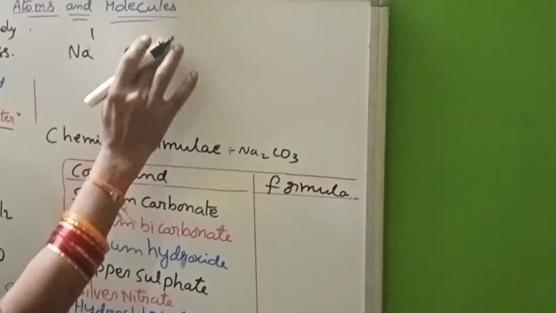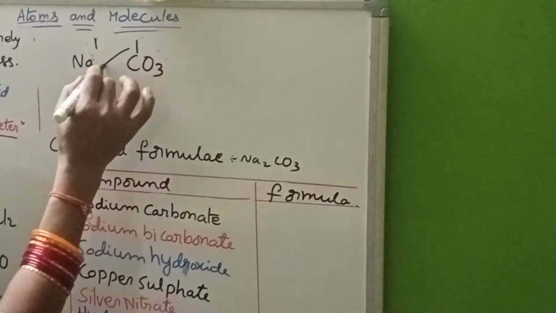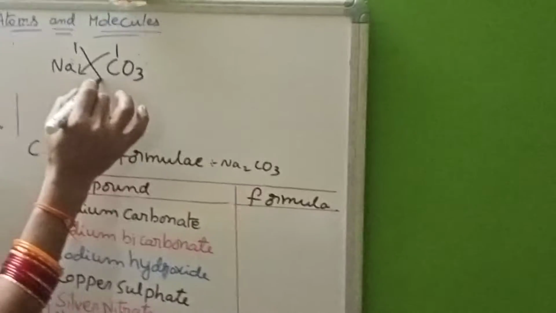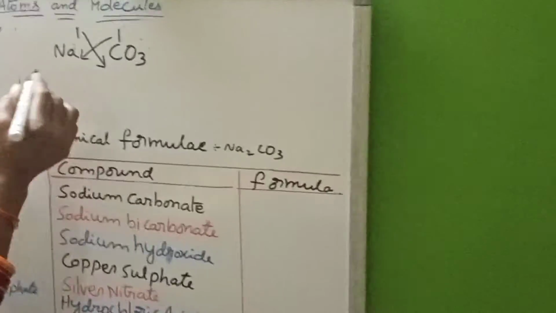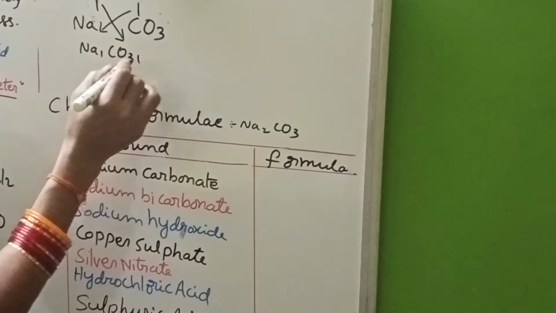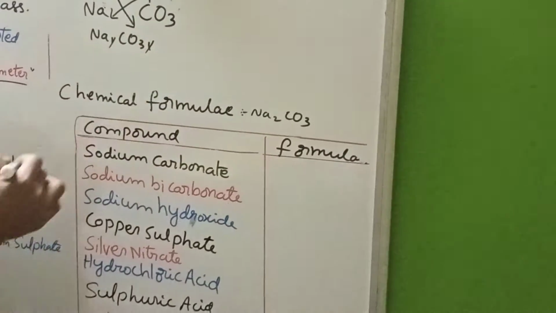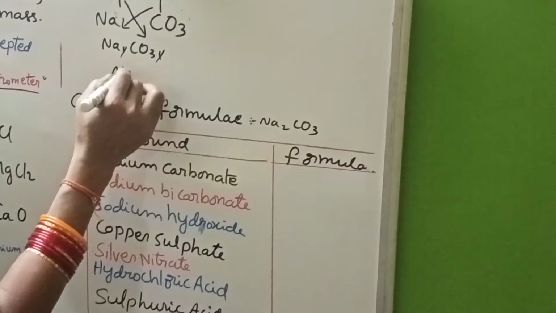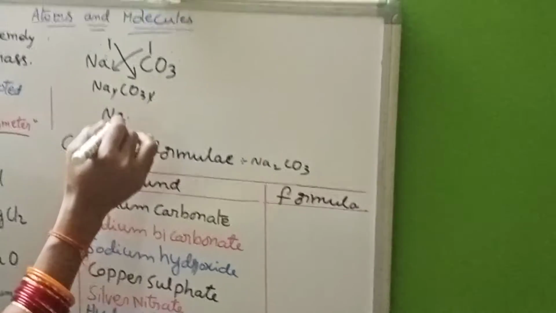In the criss-cross process, you bring the superscripts down as subscripts in this manner.